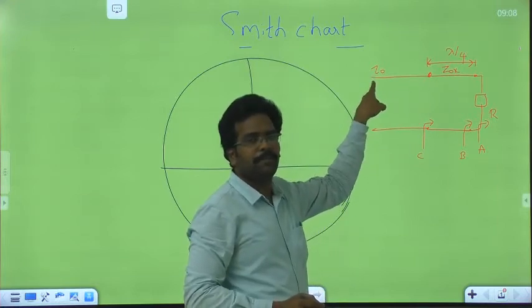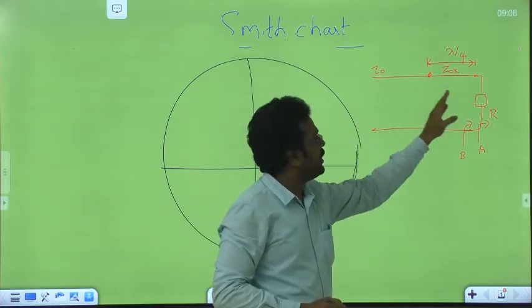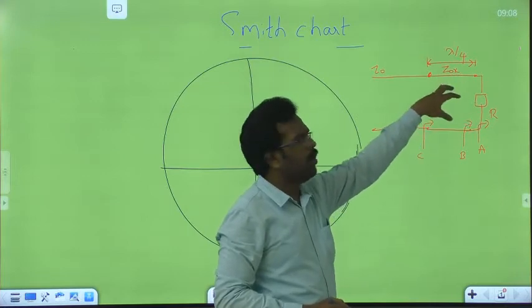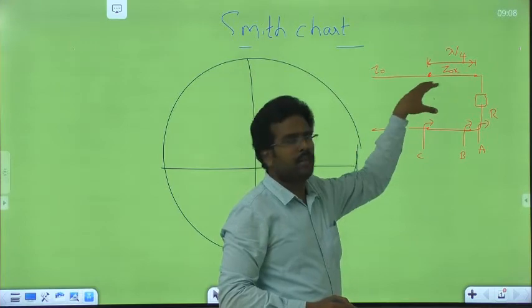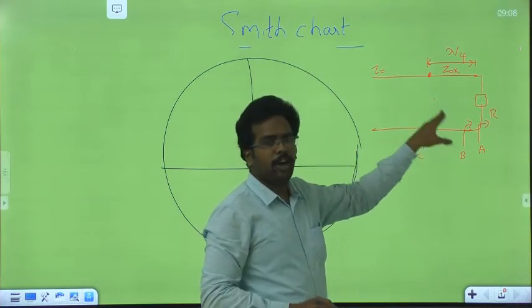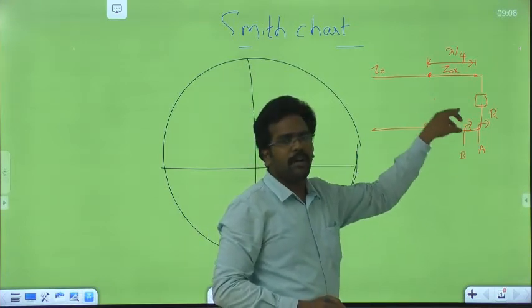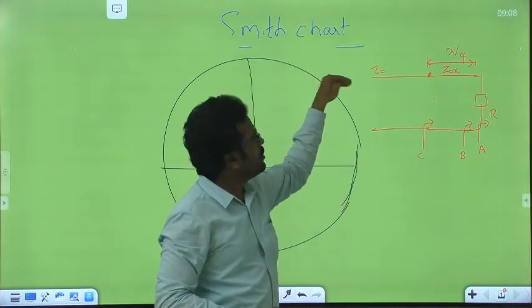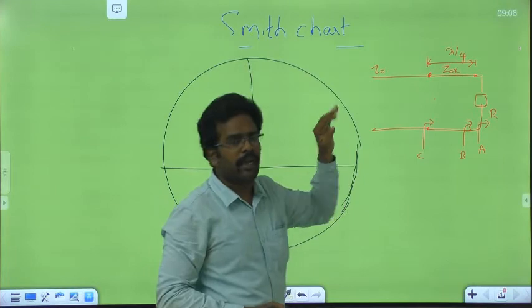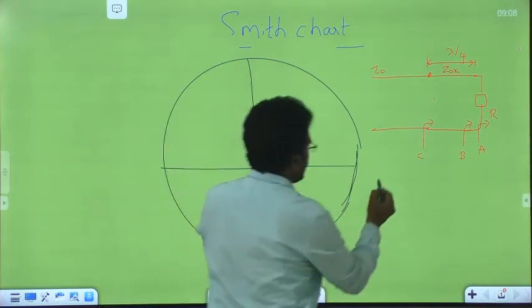That should be remembered. So here the load is connected to this quarter wave transformer whose characteristic impedance is Z0X. So definitely we should normalize this load impedance or resistance with Z0X, not with Z0.